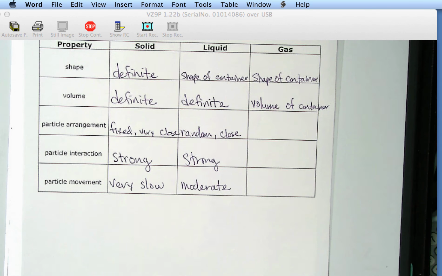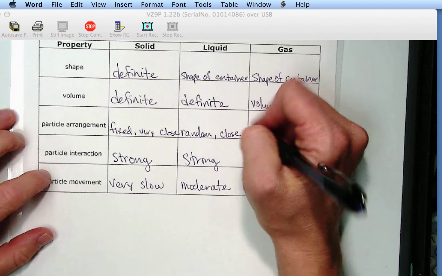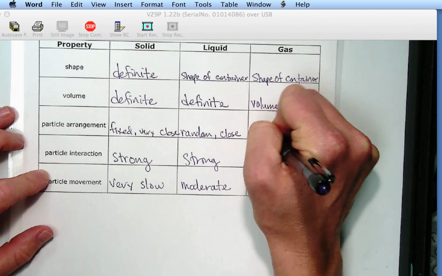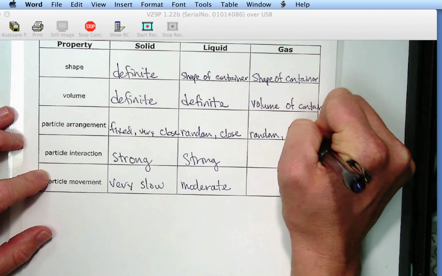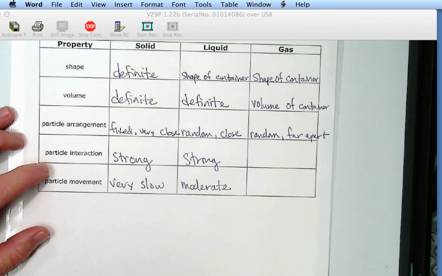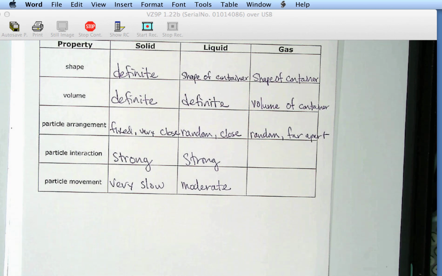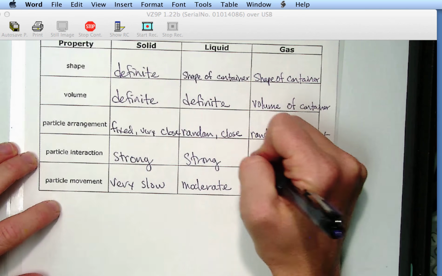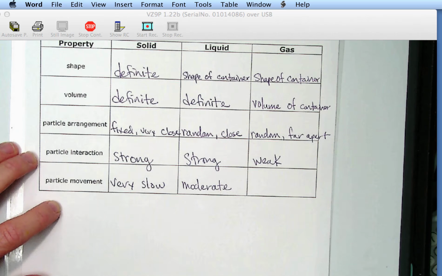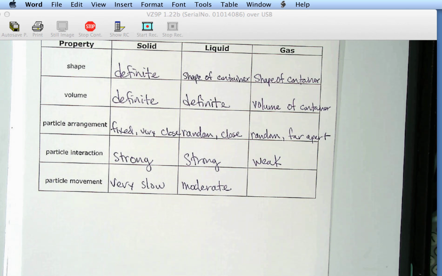Depending on what type of container you have, dictates the volume of gas that you have. Particle arrangement in a gas is random and far apart. The particle interaction is weak. And the particle movement is very fast.